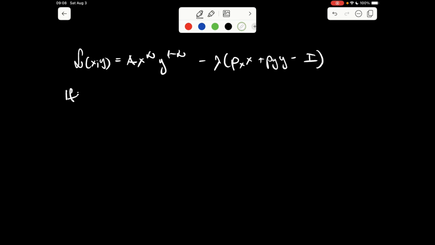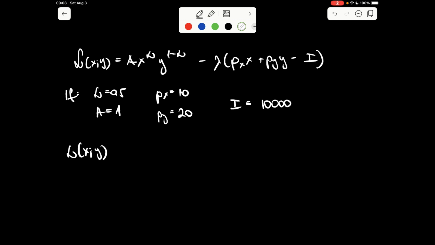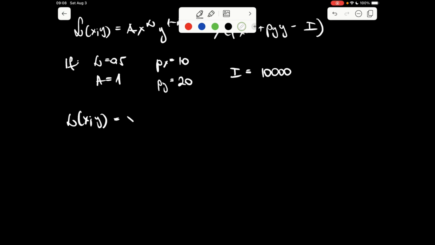If alpha is 0.5, A is 1, the price of product X is 10, for Y it is 20, and if income is 10,000, to be concrete, the Lagrangian function is simply this.